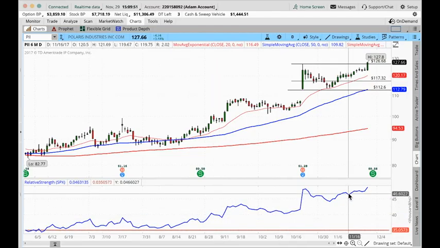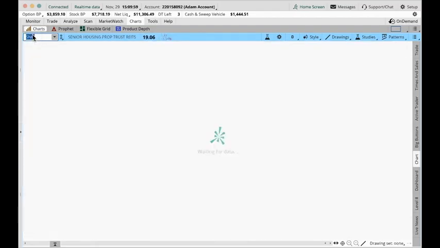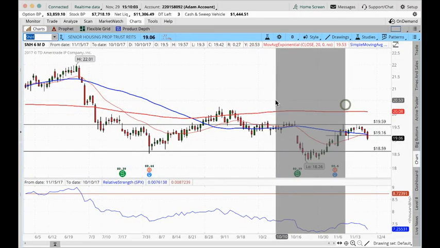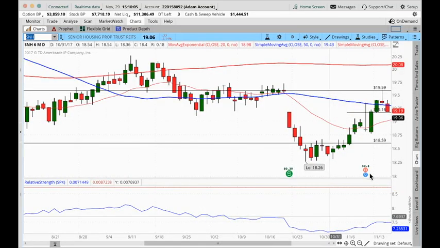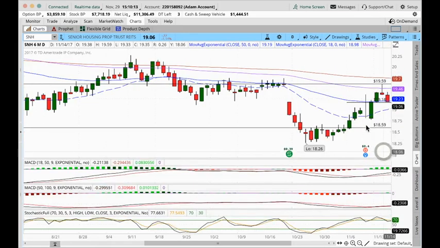All right. Now, let me show you a stock that I went short, which is the opposite. And this stock is SNH. So I shorted this stock over here. Okay, as you can see, let me change my studies to the bounce setup. Here we go. Okay, great.